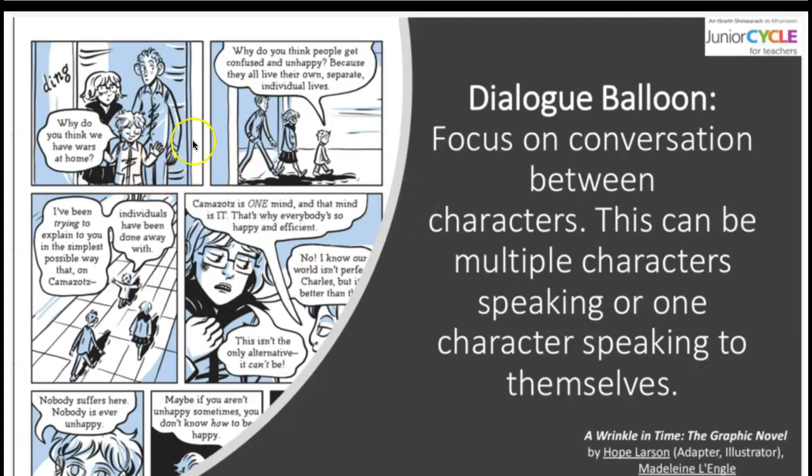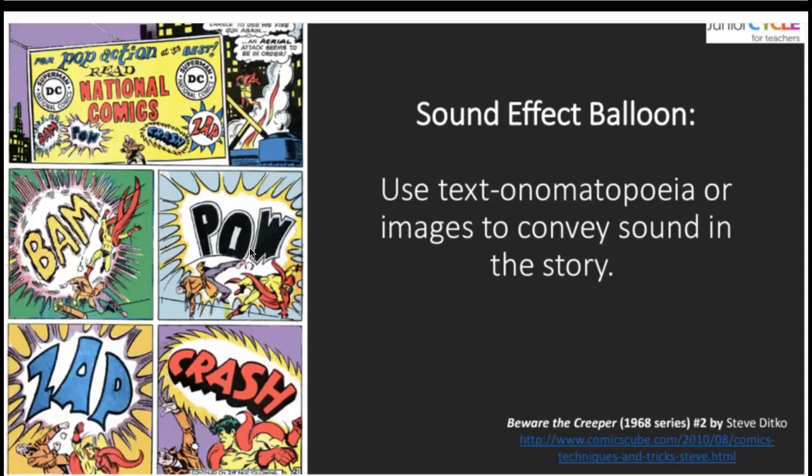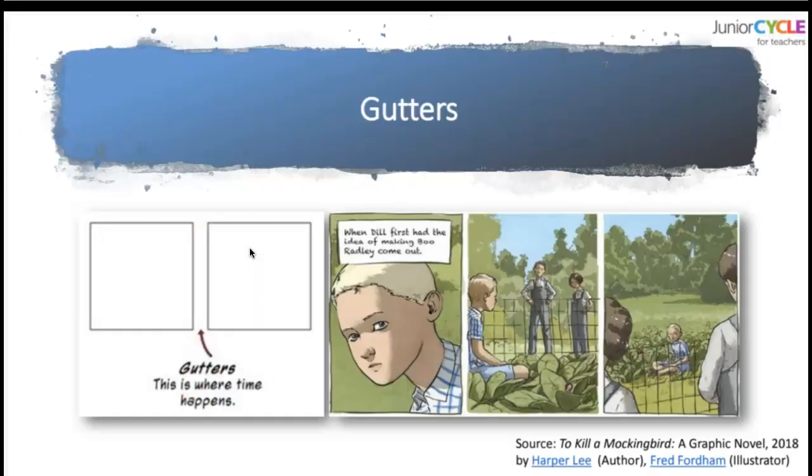And here you finally have a dialogue balloon with the tail going down to the people that are speaking. Sometimes it's a close-up of them, sometimes it's not, but you see as they talk back and forth through dialogue. You also will have, obviously, some sound effects, which is using text and the literary element of onomatopoeia to convey a sound of something happening in a story.